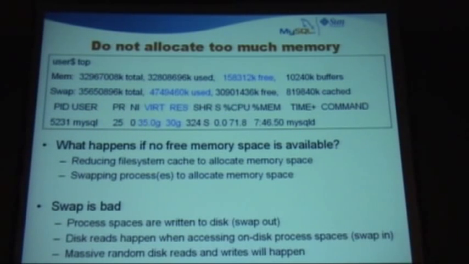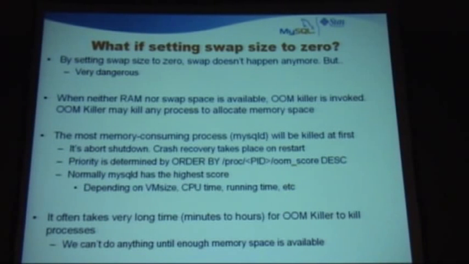The process spaces are written to disk when swapped out, and disk reads happen when accessing the on-disk process space. This is called swapping. So both random reads and writes happen. This is very inefficient, so swap is very bad. Sometimes people ask, what if we set swap size to 0? It is possible to set swap size to 0 on Linux.